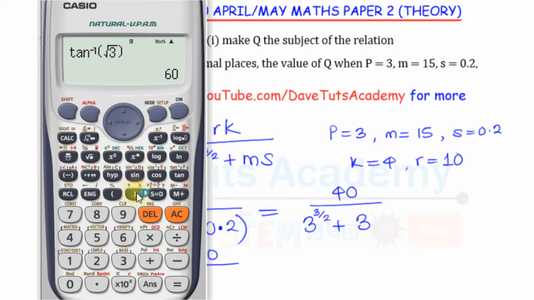We can bring in our calculator to say we want to find 3 to the power of 3 over 2. Okay, that's 5.1962, because this 5 I can round up to 1 and add to this one.